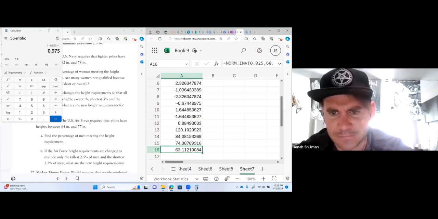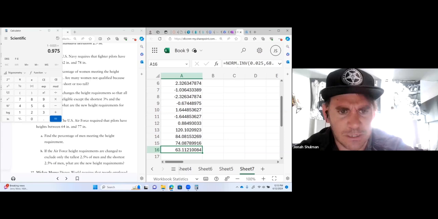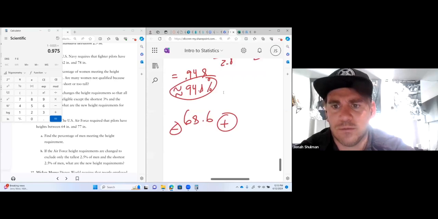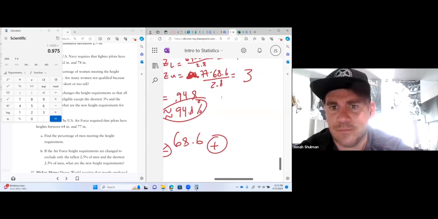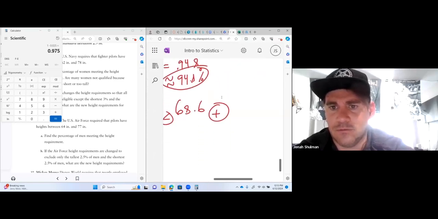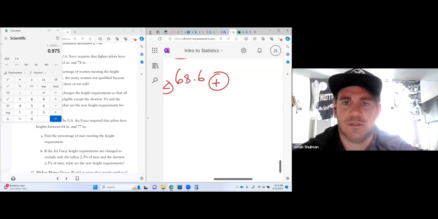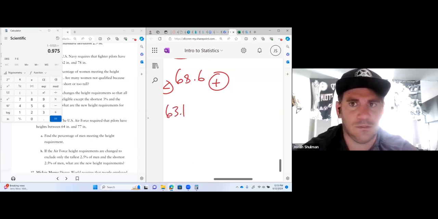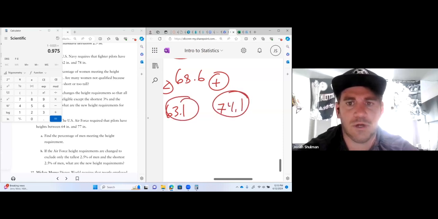Isn't that interesting? So it's going to be between 63.1 and 74.1. These would be the new requirements for heights.